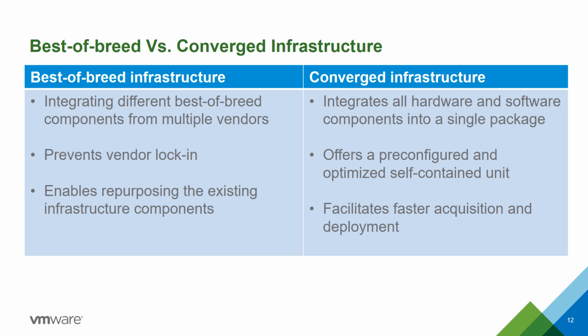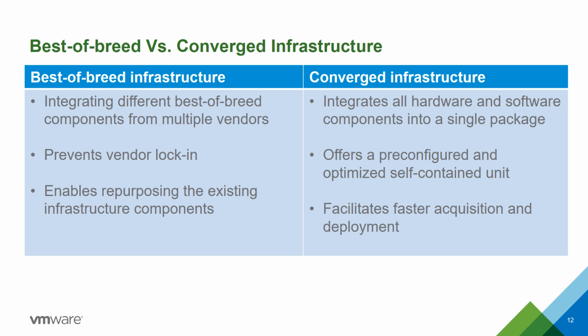So that way, in a data center environment, we have two different classifications of infrastructure: best of breed infrastructure and converged infrastructure. So I can set up my own data center in these two approaches. What is best of breed infrastructure? Compute systems, let's say I'm going to buy them from Dell. Network, I'm going to buy them from Cisco.